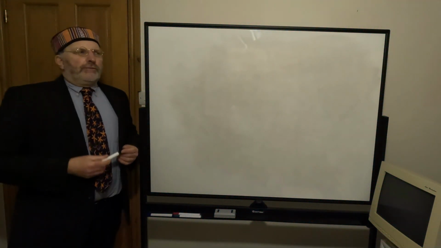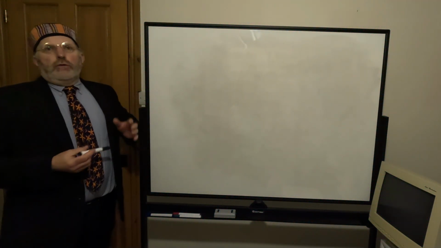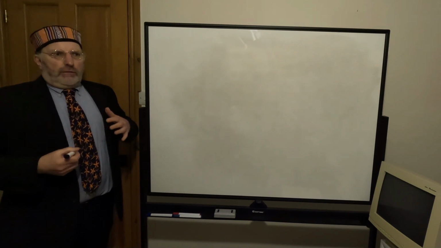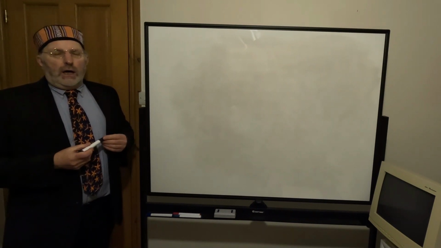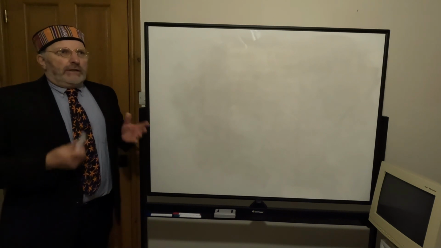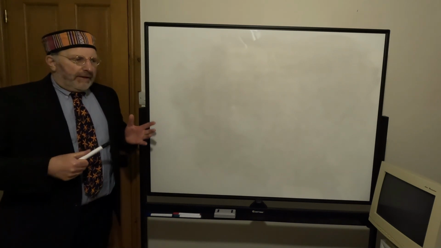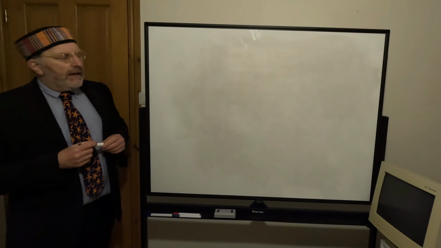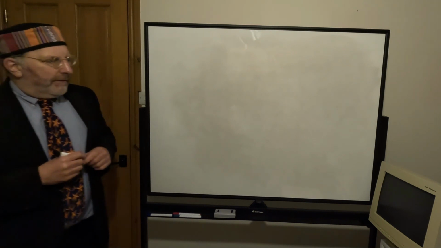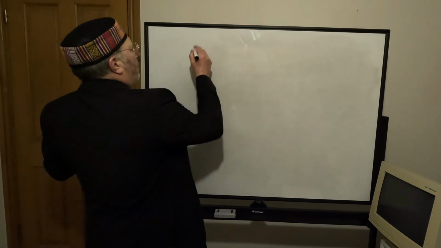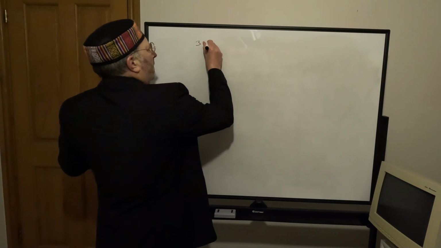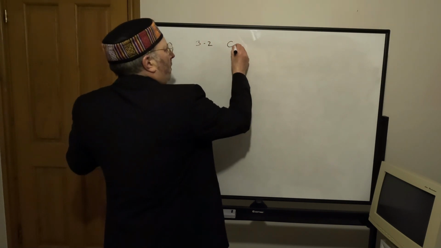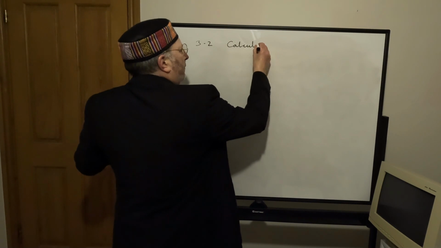And I'm going to finish off just by going through what the next lessons in this module are. So I divide the module into 7 more lessons. The next one, which will be lesson 3.2, is going to be all about calculus.